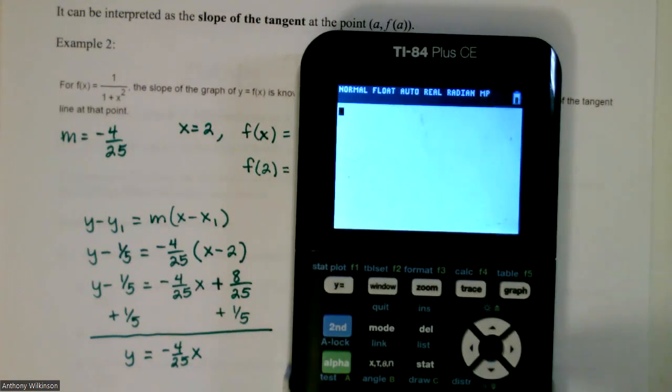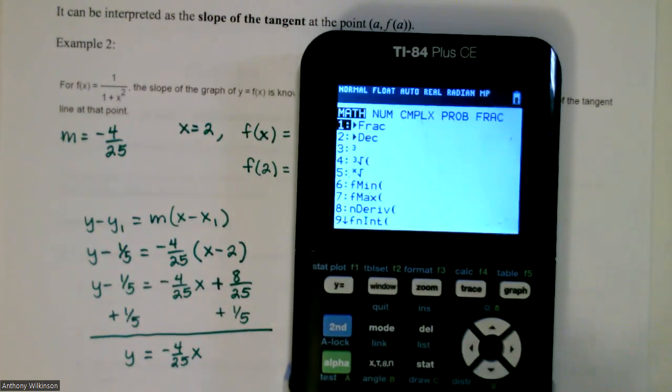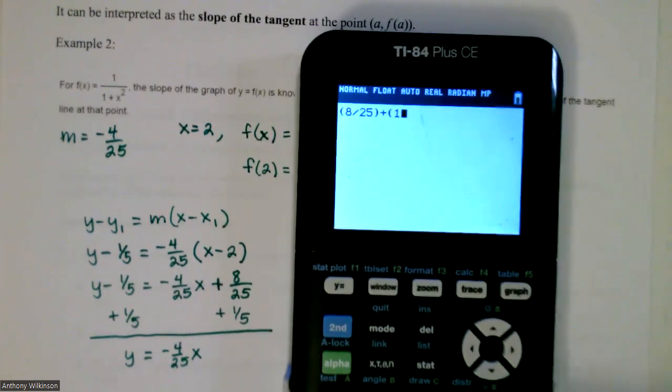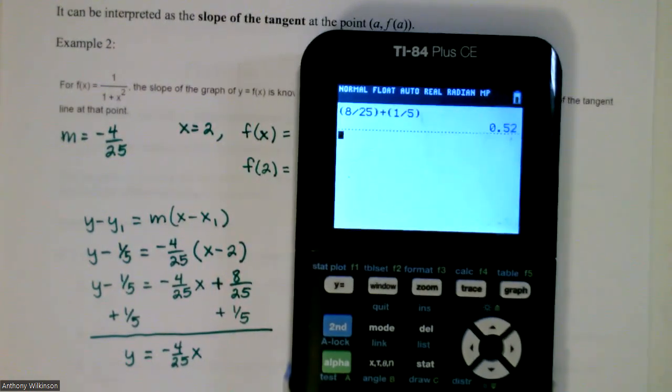Oh, I'm sorry, correction: it'll be left parentheses 8 divided by 25, plus left parentheses 1 divided by 5, close parentheses.